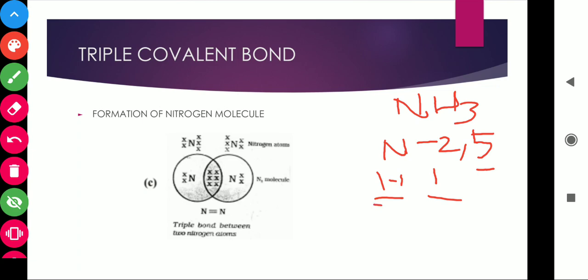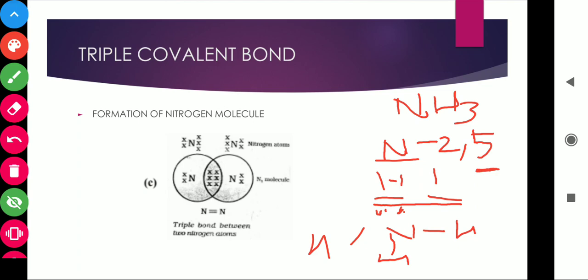Hence, three atoms of hydrogen are needed here to make a molecule having nitrogen with 8 electrons. Then how will it form? N single bond H, H and H. Here 2 electrons remain. This is called ammonia.